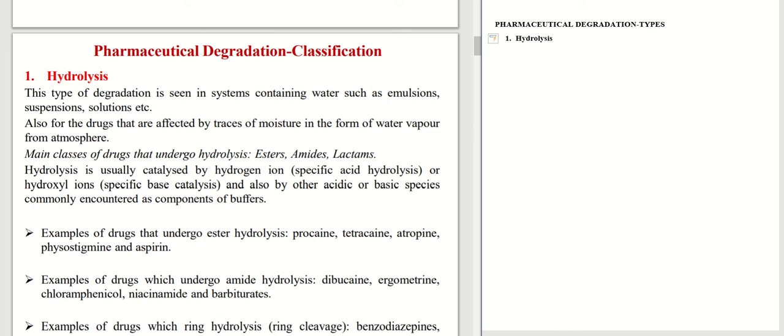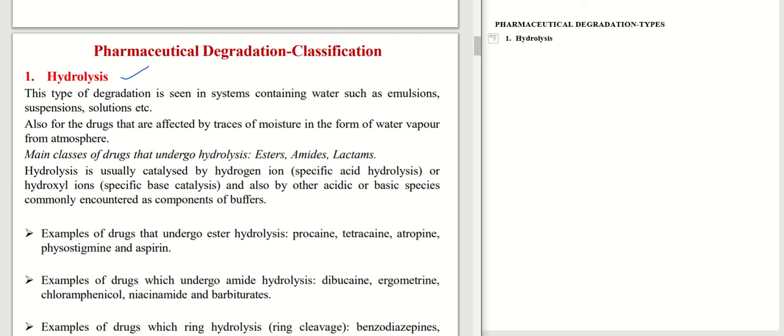It needs to have water. So most of the products having water will show this type of degradation, hydrolytic degradation.